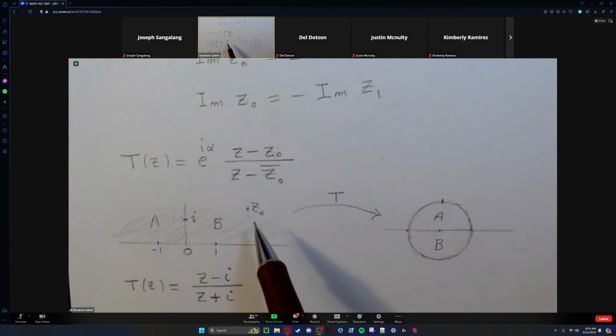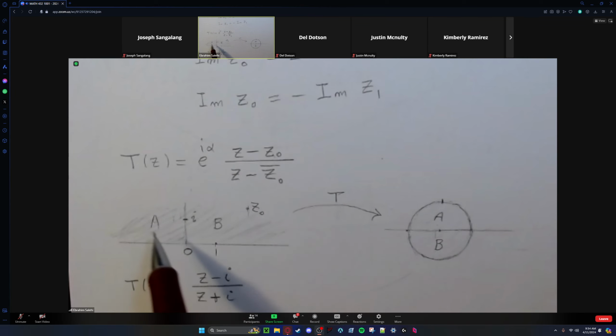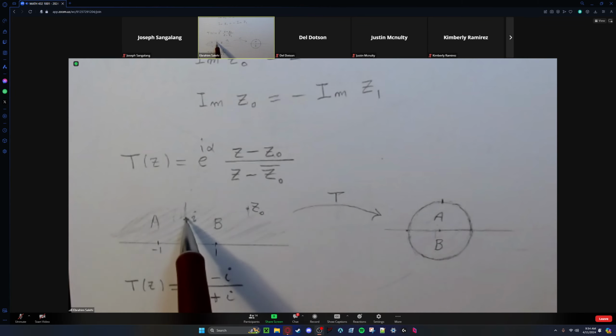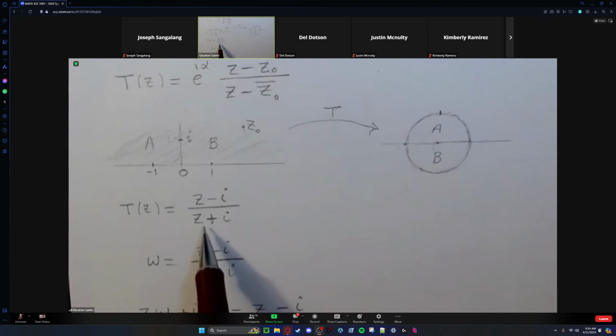Since Z0 is a point in the upper half plane and has to go to 0, I'll take it I. Here we go. Oh, this is the most important linear fractional transformation you need to know.